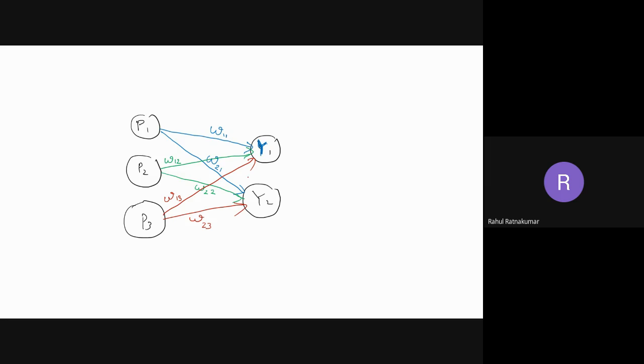So how can you write the equation of y1 here? You can write y1 equal to w11 into p1 plus w12 into p2. You can see the second node, and one more thing is coming from p3, that is w13 into p3. Okay. Now what about y2?